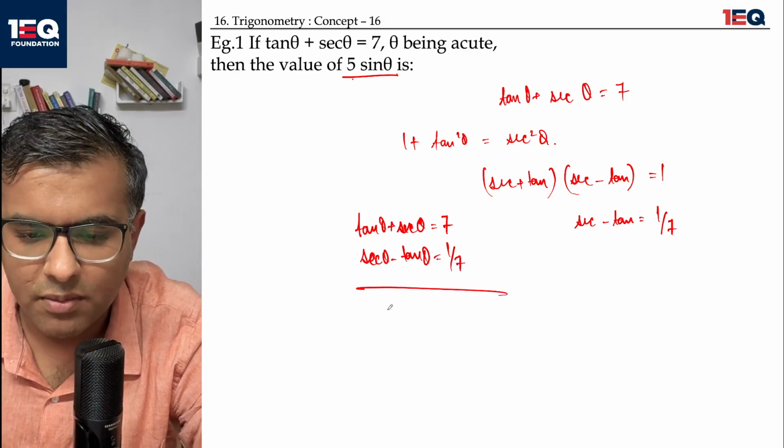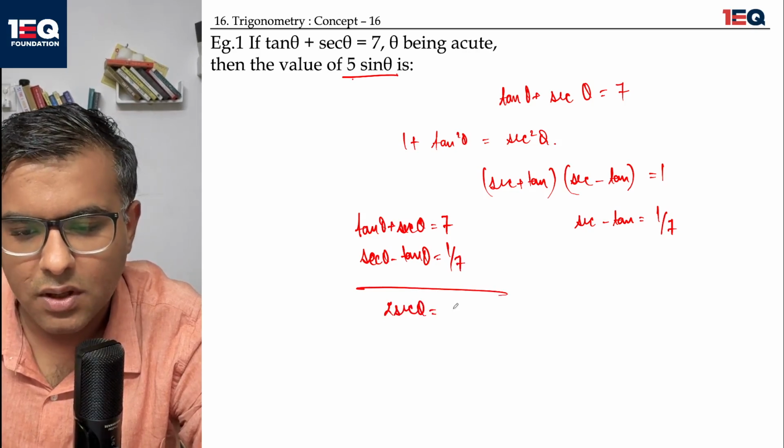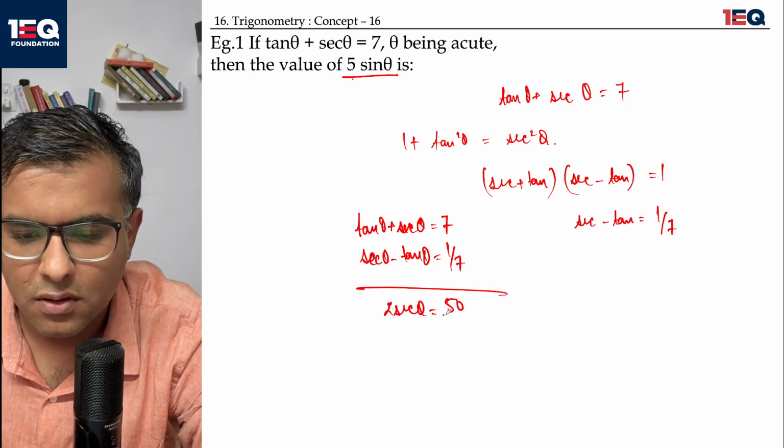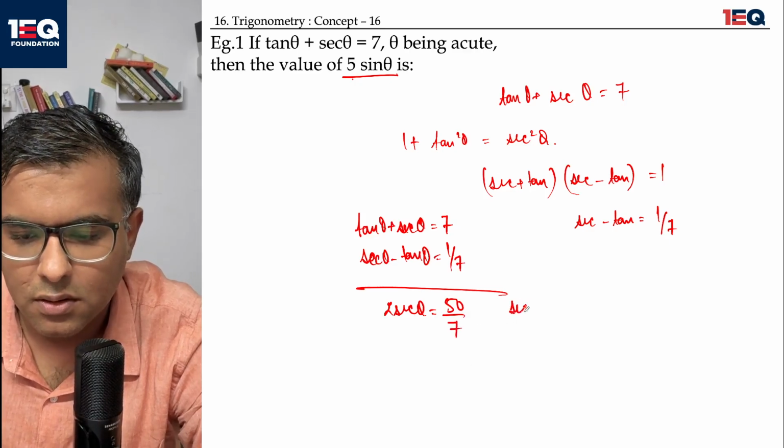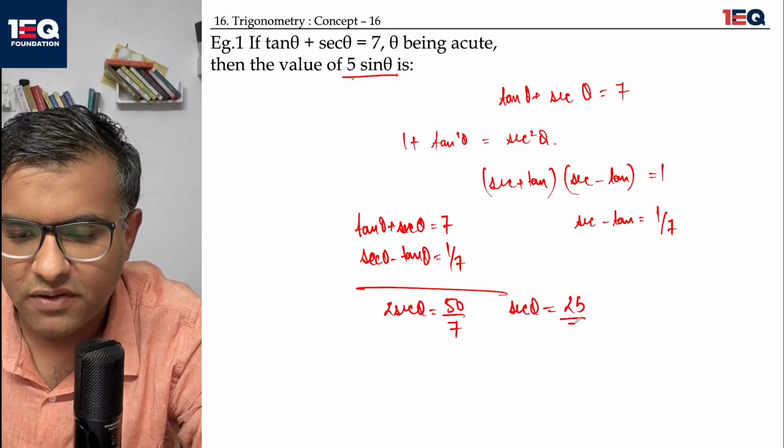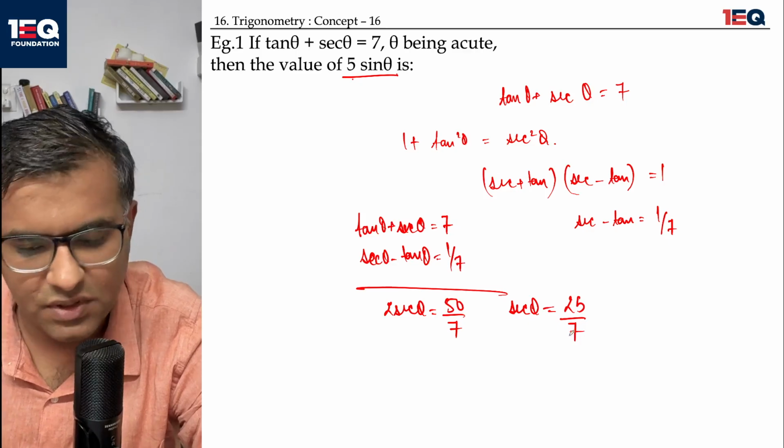When I add them up, I get 2 sec theta as 50 over 7, and sec theta comes out to be 25 over 7. This is not enough.